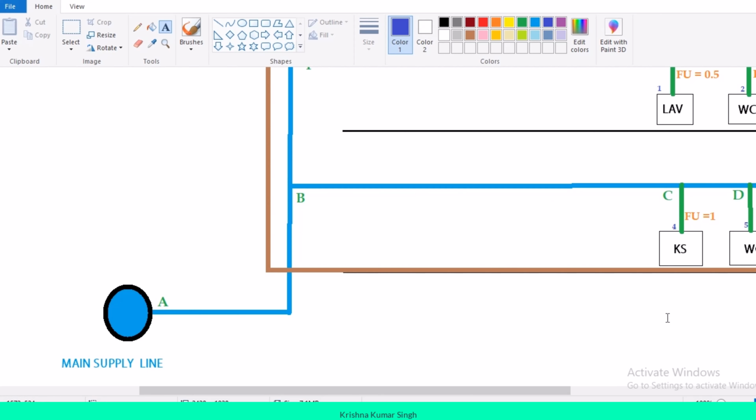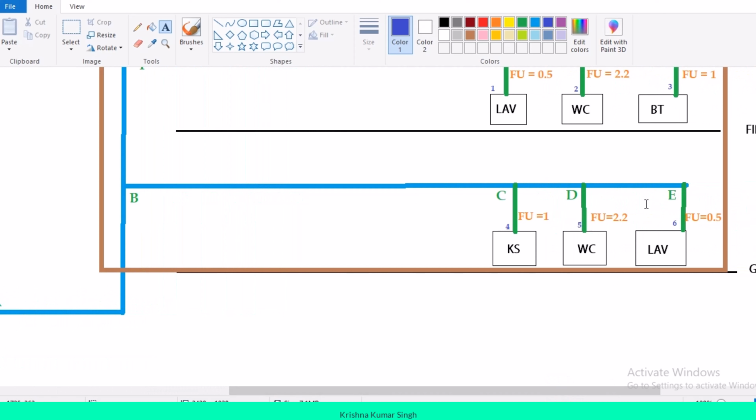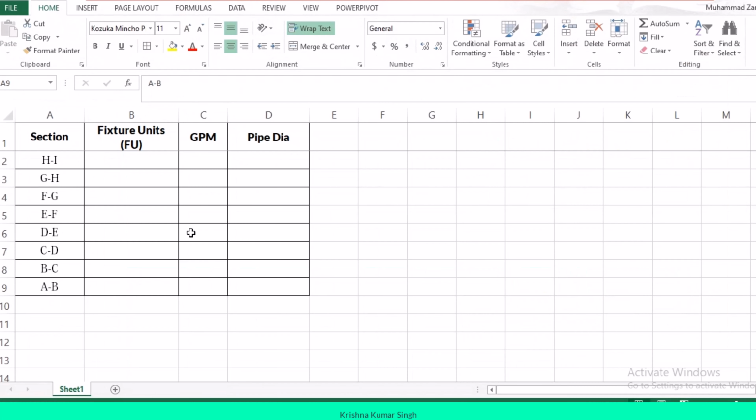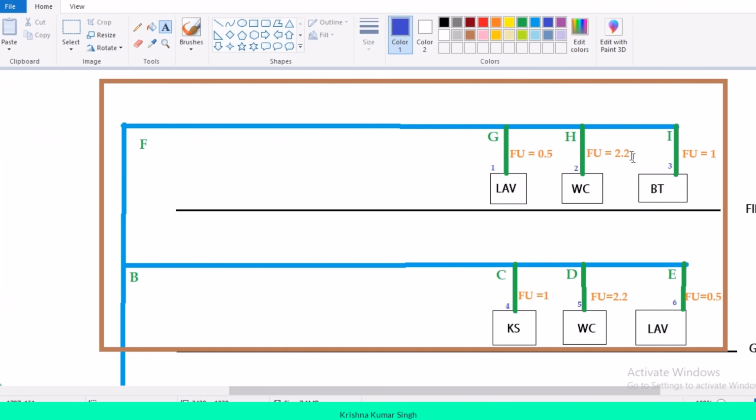Now B to C, C, D to E, and after that B, F, F, G, G, H, and H, I. I have developed an Excel sheet that I will provide to you as well. When you have any project, you can also do it manually by using pen and paper in your notebook. Now, let's go back to the figure.